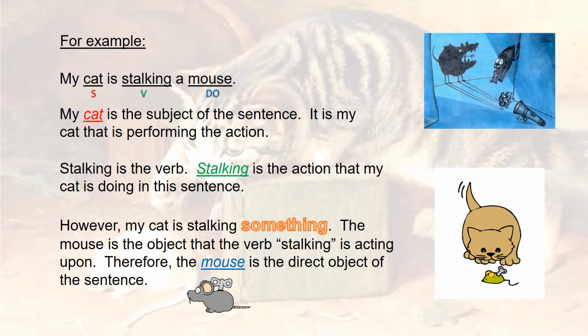It's my cat that's performing the action. Stalking is the verb. Stalking is the action that my cat is doing in this sentence. However, my cat is stalking something. The mouse is the object that the verb stalking is acting upon. Therefore, the mouse is the direct object of the sentence.